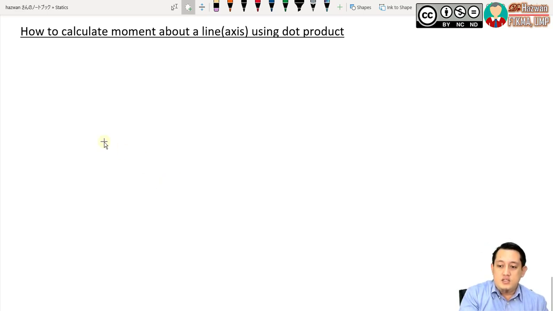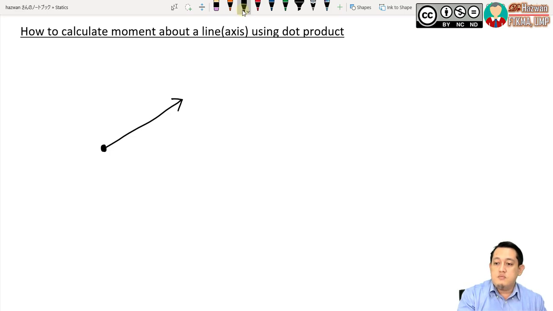So let's say we have a moment here, in this direction. Let's label it as M1. The rotation of this moment, we know by using our right hand.